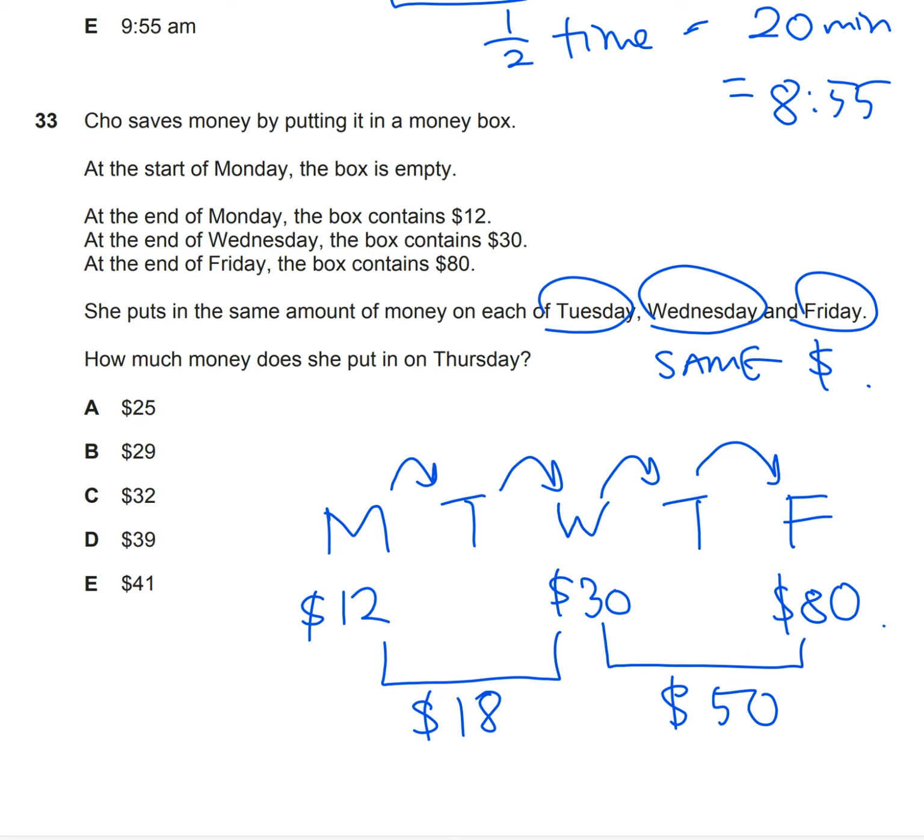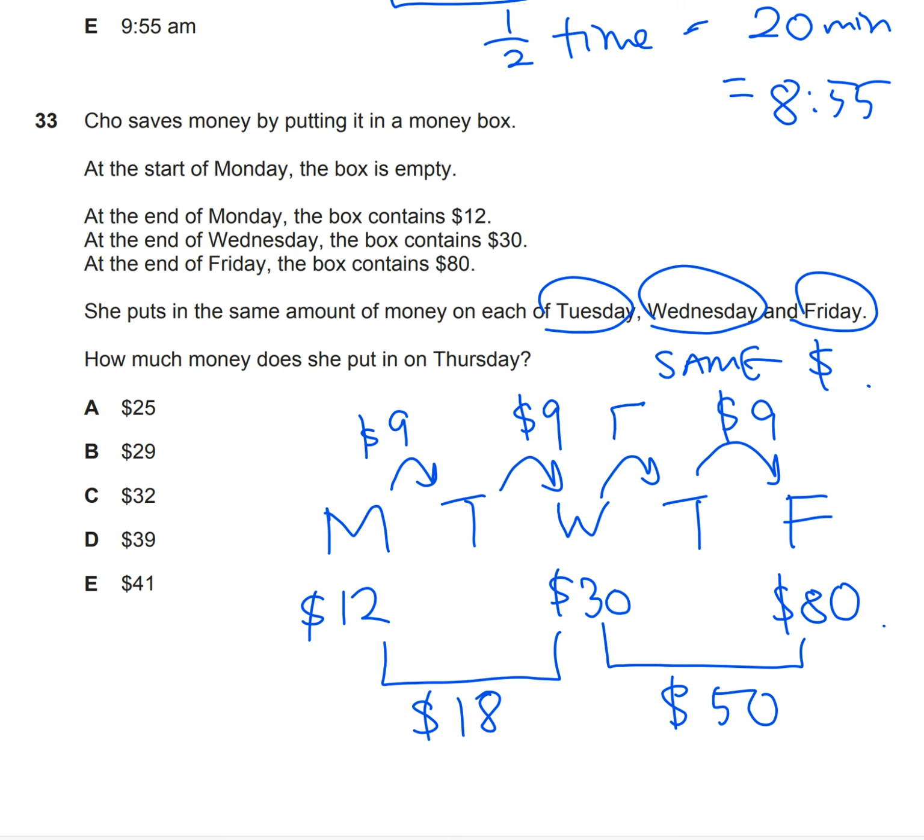Okay, and that must have been $9. Okay, and that means the same amount must have been for Friday as well. She puts in the same amount for Friday, so it'll be $9 as well.